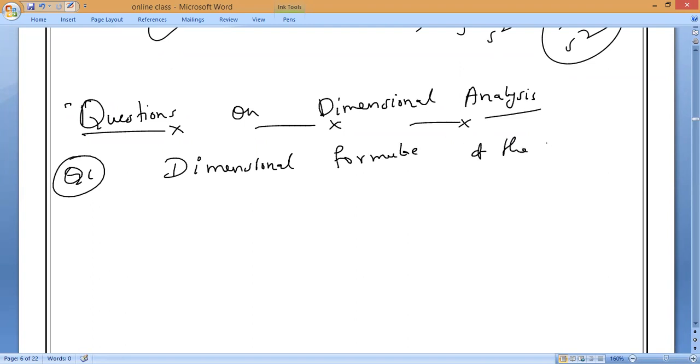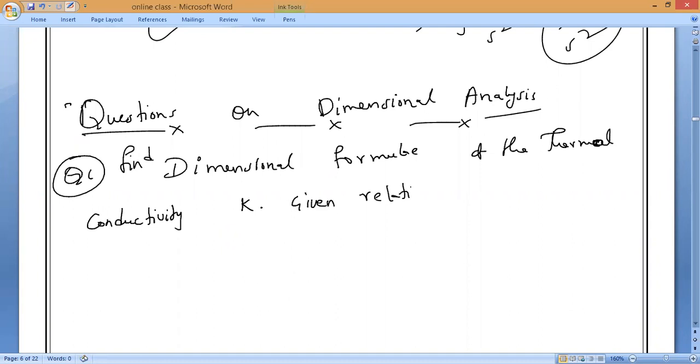Find the dimensional formula of the thermal conductivity K, given the relation.